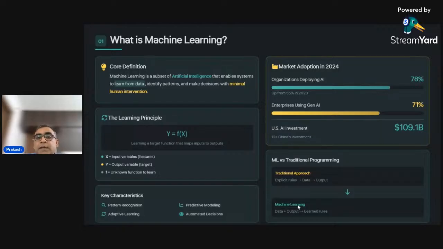Now let's start to understand how to differentiate between traditional programming and ML. In traditional programming, we have some business rules, we get some input in the form of data, and then we output something. In machine learning, it's really different. You have the output already, and you have the data as well.